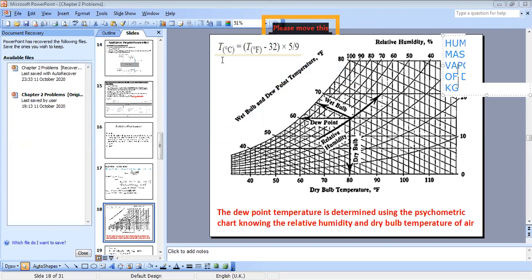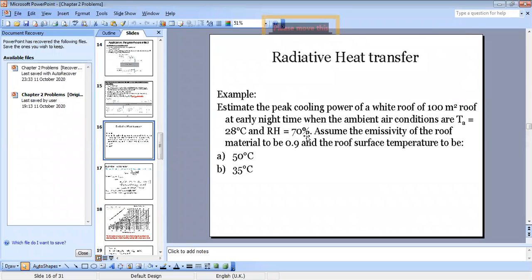If they ask you for the dew point temperature, you go to the point. For example, in this problem, let us go back to the given. They told us that the ambient air conditions are TA equal 28 degrees and relative humidity equal to 70%.